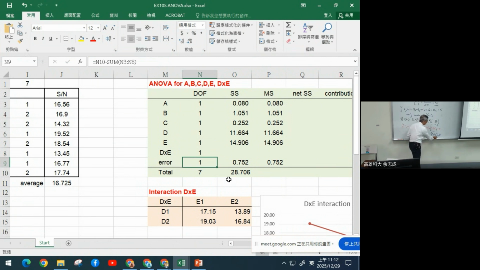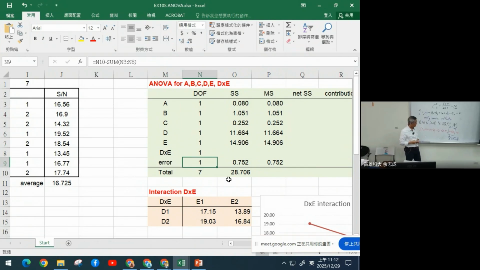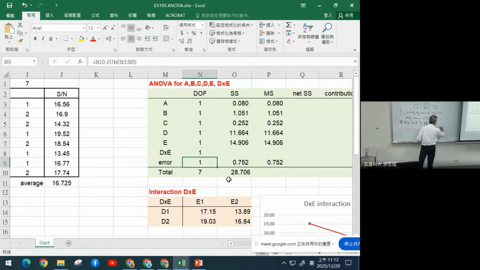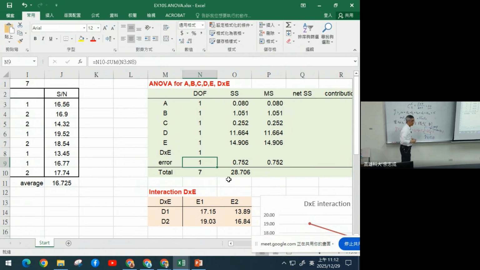And for two-level factors, the degree of freedom will be 2 minus 1 multiplied by 2 minus 1, which will be 1.